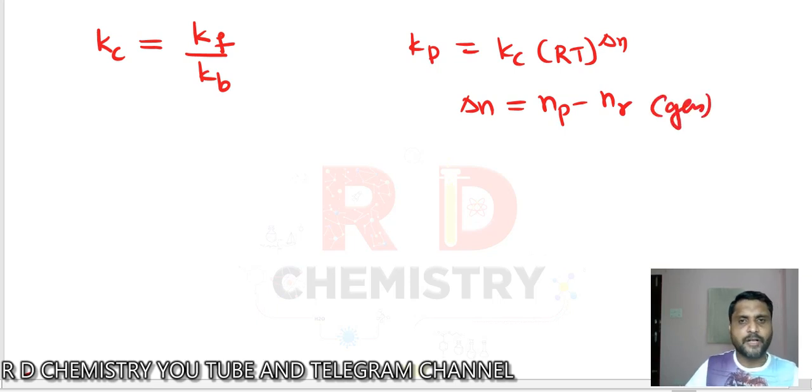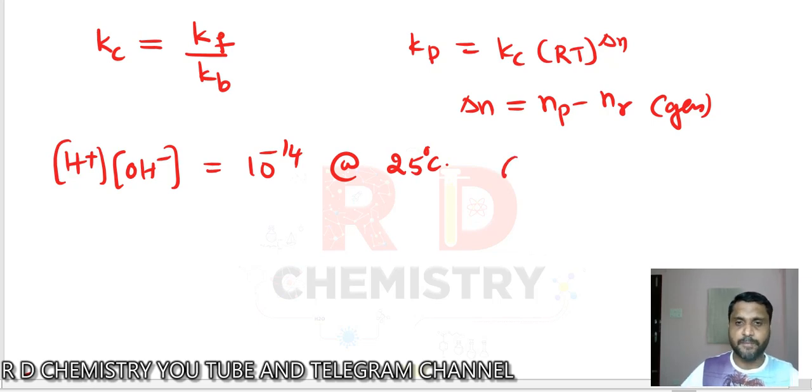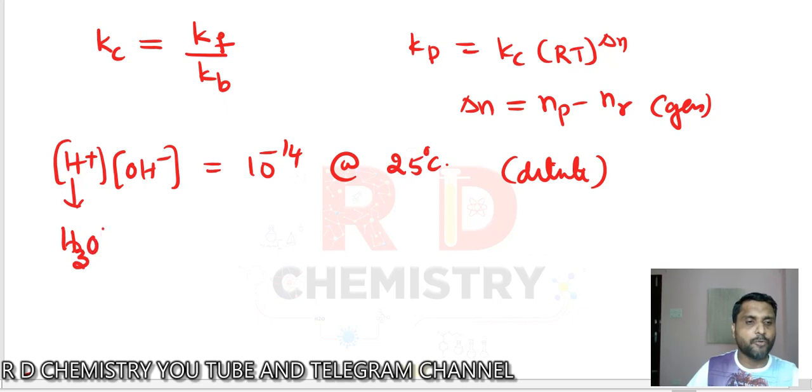Then if we come to ionic equilibrium, H plus concentration into OH minus concentration is equal to 10 to the power minus 14 at 25 degrees centigrade. Remember, 25 degrees and dilute solution, not for concentrated solution. Instead of writing H plus, we can also write hydronium, H3O plus, into OH minus concentration equal to 10 to the power minus 14.